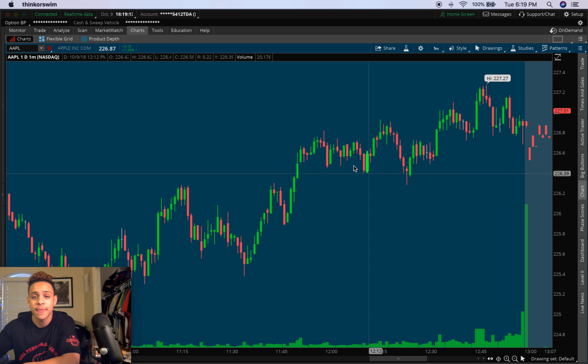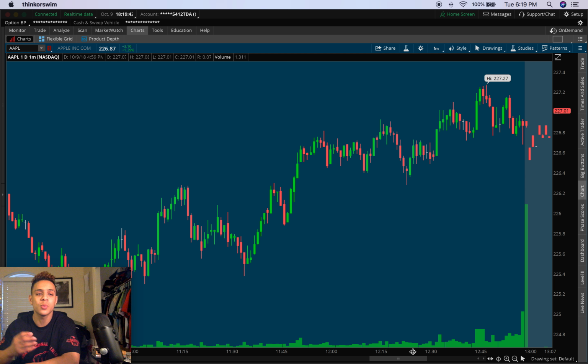Once again, red is bearish, green is bullish. Top of the price, the lowest of the price, and then vice versa, same thing for the bearish. And we have our doji right here, which was pretty much the same price, as you can see.